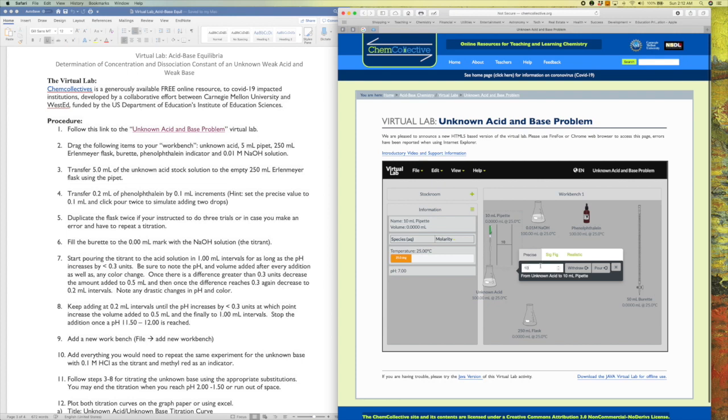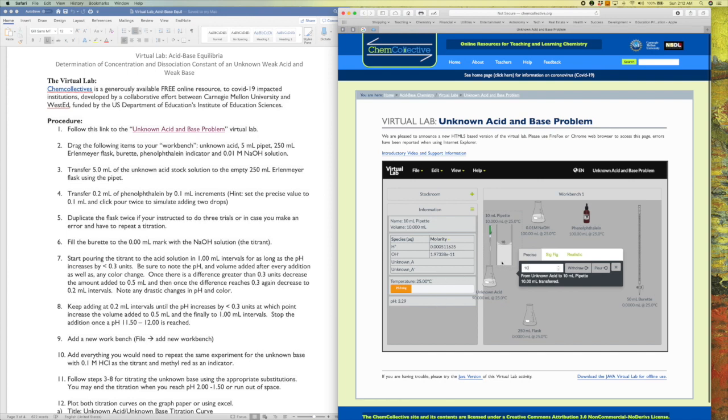And once I click withdraw, you can see that this was transparent, but now the grayish liquid that was here is now here. And in the magnified part, you can see how the solution has a meniscus that is nicely covering the graduated part of the pipette.